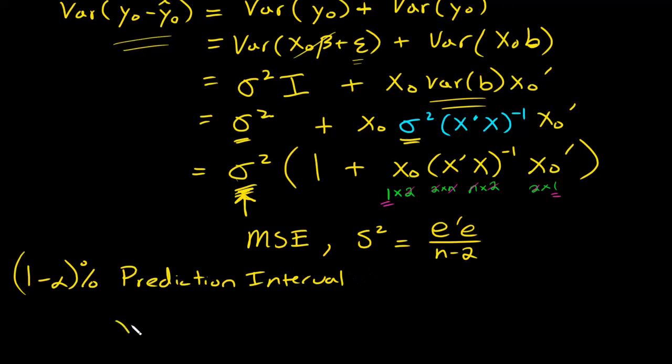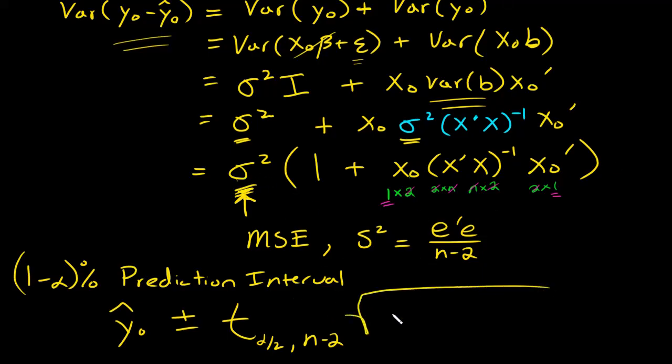Start with your estimate of the new value, y naught hat, plus or minus the t-distribution with alpha divided by 2 and n minus 2 degrees of freedom, times the square root of the estimate of this variance.